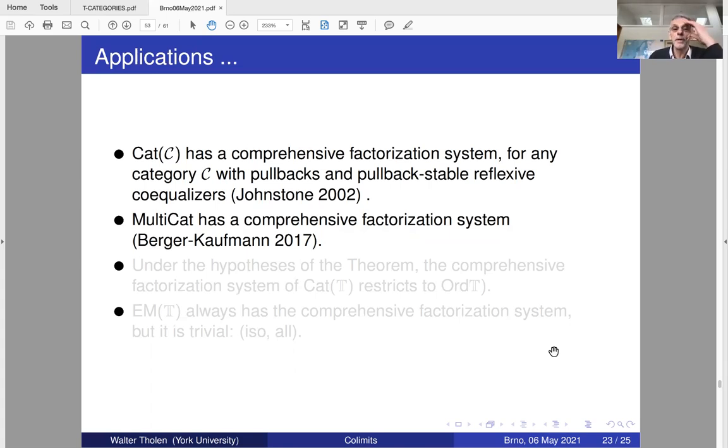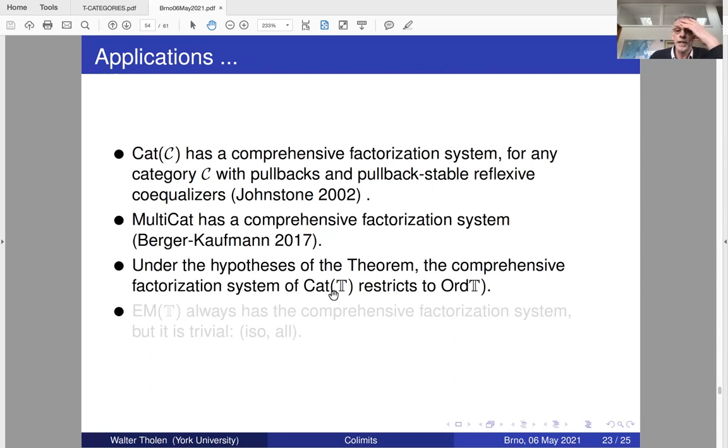There's a nice paper by Berger and Kaufmann who established comprehensive factorization systems in a different environment. It doesn't, as far as I can see, include the internal category environment, but it includes the ordinary multicategories over sets.